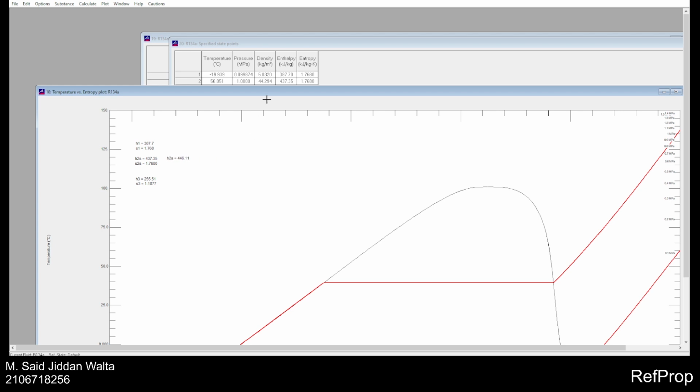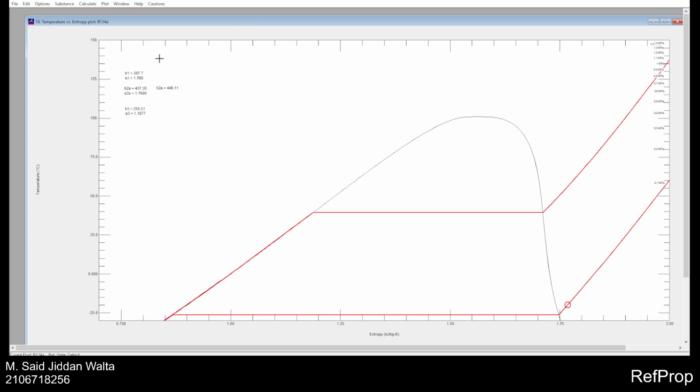And lastly, we need to find the enthalpy and the entropy values for point 4, which is likely to be over here.